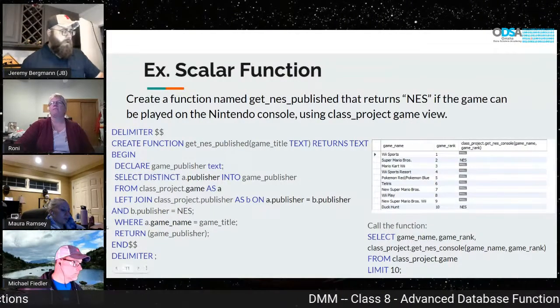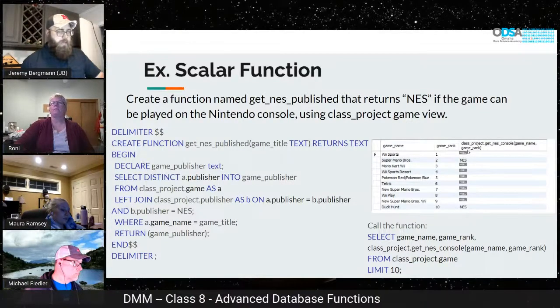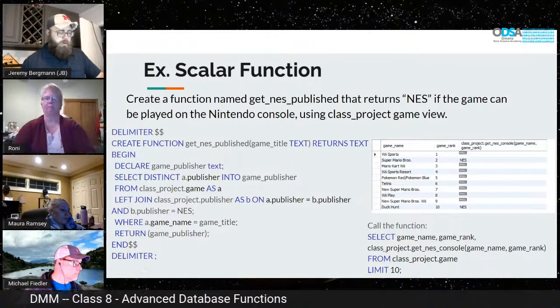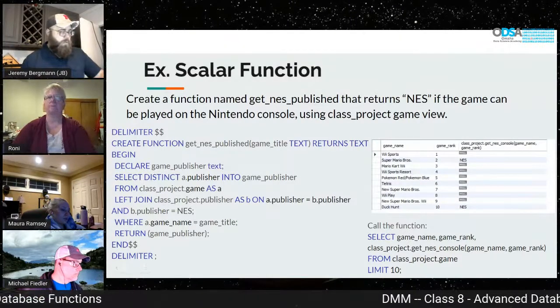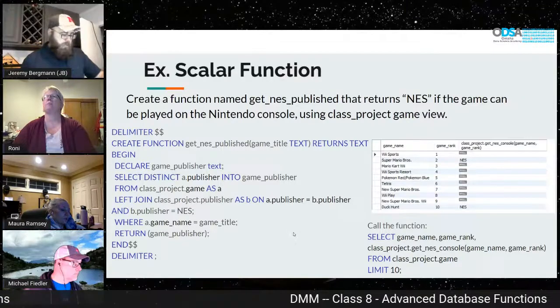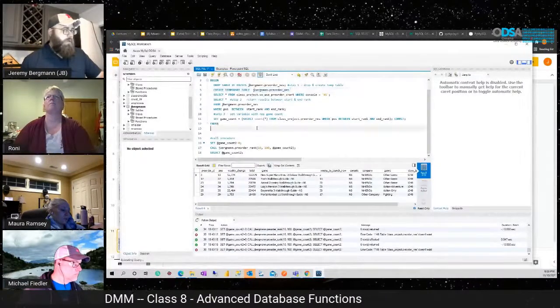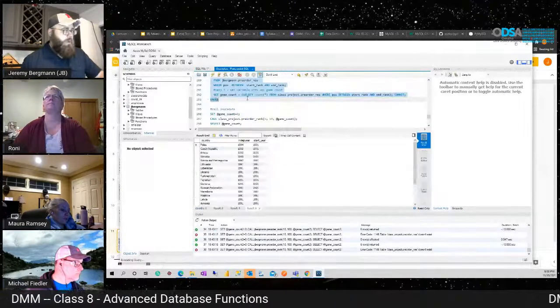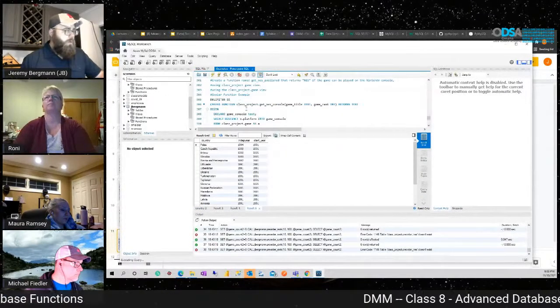Then I'm taking all those results and putting them in that variable to be able to return. Actually, let's just skip over to that because there's one part of this that I forgot to update that I have in the PowerPoint examples. All right.